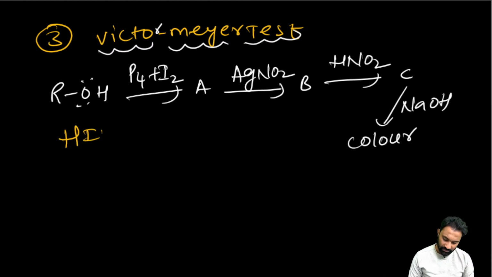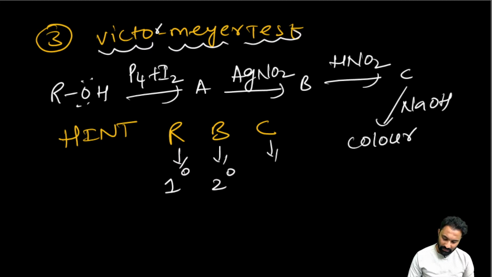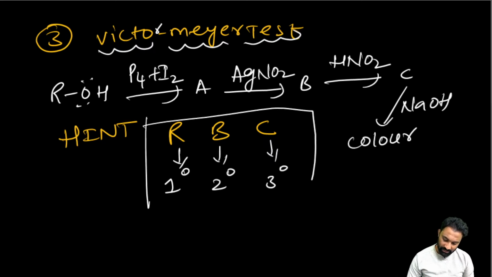So what are the colors we get by the Victor-Meyer's test? Just remember RBC. RBC test. R, red for 1 degree alcohol, B, blue for 2 degree alcohol, and C, colorless for 3 degree alcohol. That's it. They will ask what color is given by the respective alcohol.